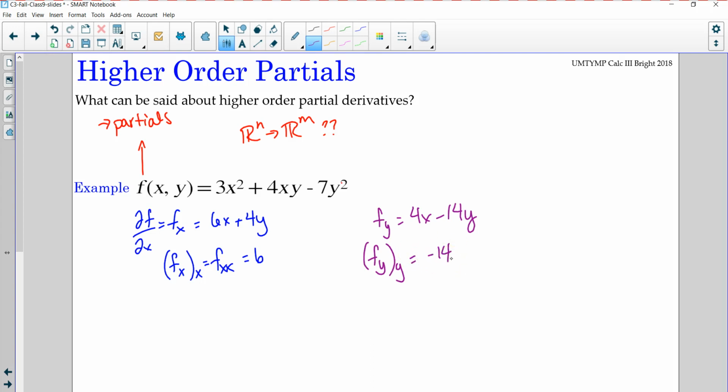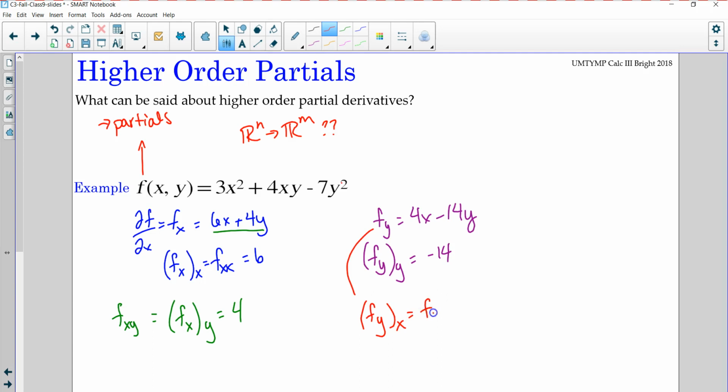That's fun. But what if I do those in different orders? What if I do f sub x with respect to y? Well, don't I just get 4? Yeah, because I would take the derivative of f sub x now with respect to y, and notation-wise, I'm going to do that f sub xy. Similarly here, I could say let's look at f sub y, and now differentiate that with respect to x.